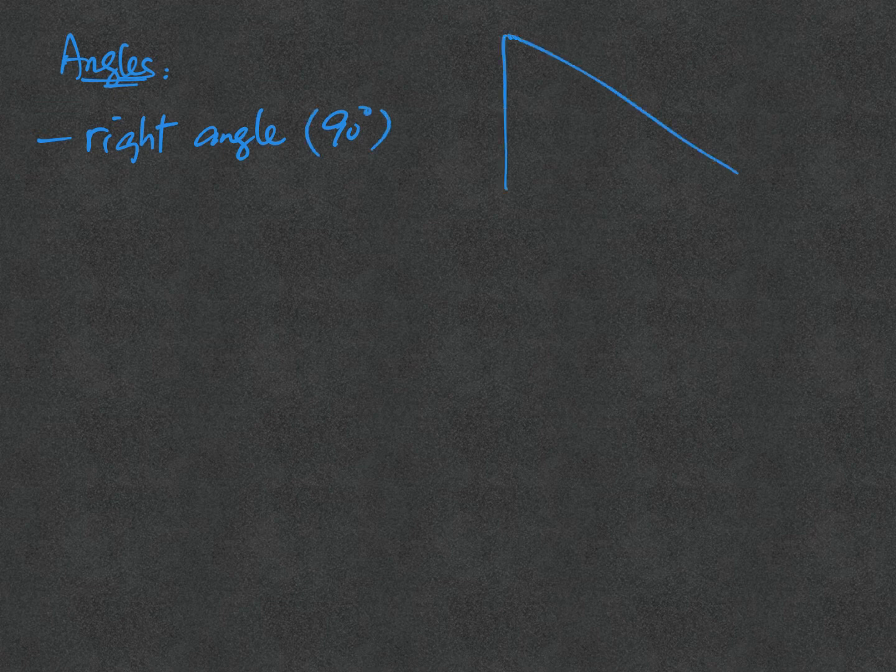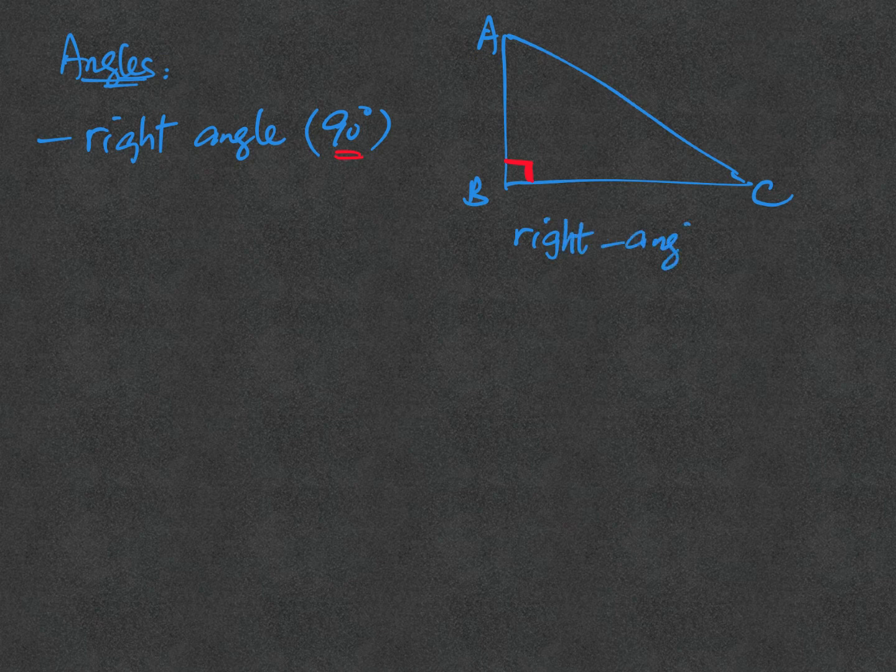For example, in this right-angled triangle, if we want to mark the position of 90 degrees carefully, we should have a symbol here in this way. When you read this symbol, it means there is a right angle there. There's a word you should know as well. Because this triangle has a 90 degree angle, we have a special name for it, called a right-angled triangle.